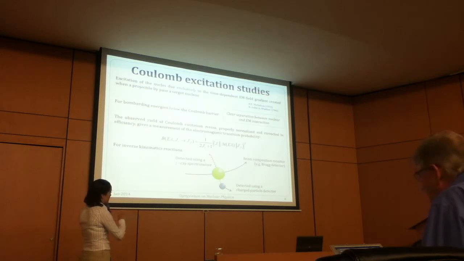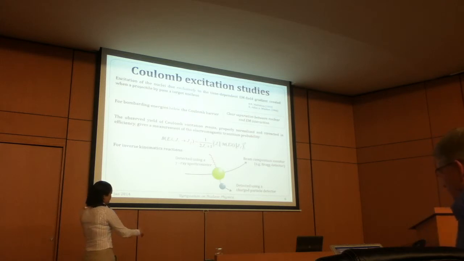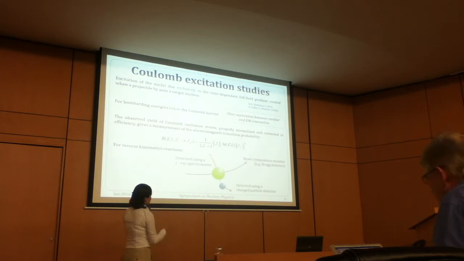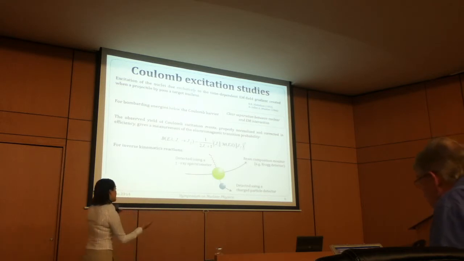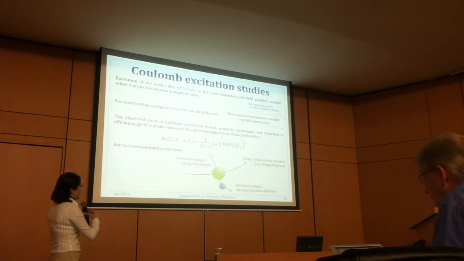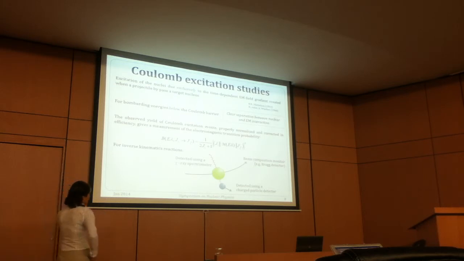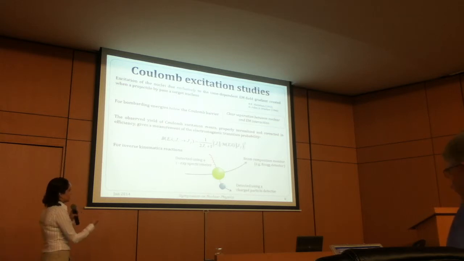So we have a heavy projectile bombarding a light target, and we basically detect the light particles scattered out, and we use that as a trigger for reconstructing the gamma ray radiation coming from the excitation of the projectile, and also to get an absolute normalization to the Rutherford cross section.